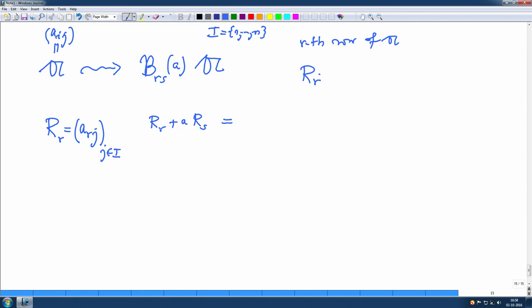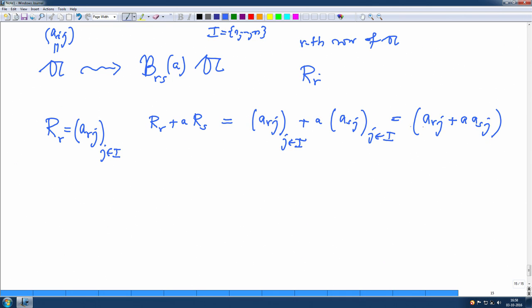Write down this first. The rth row is A_rj, j in I, and this one is plus a A_sj, j in I. But they are added component wise: A_rj plus a A_sj. This is the new row of this new matrix.